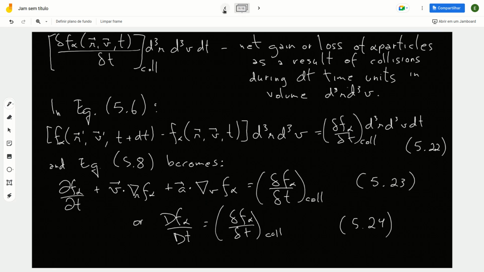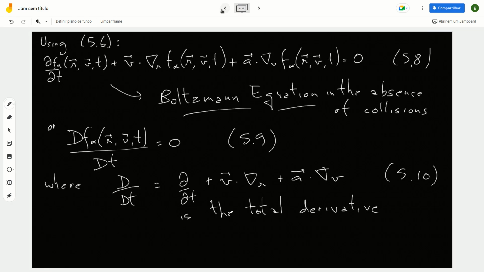You substitute F over m for acceleration. So acceleration is force over mass, the mass of the alpha particle, and F is some external force, right? But in the Vlasov equation, we'll use the Lorentz force for F.